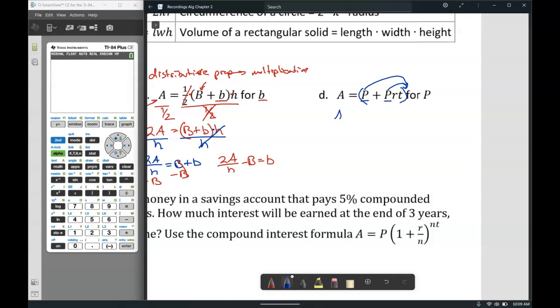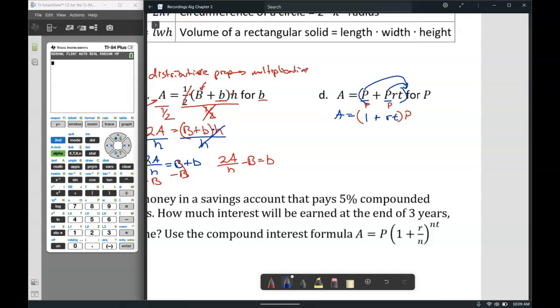So we end up with A equals, and as the process of factoring, what we're doing is essentially dividing each term by that factor in order to bring it to the outside. So we still have our grouping symbol. P is now on the outside, and when we divide each term by P, P divided by itself is 1, plus PRT divided by P is just RT.